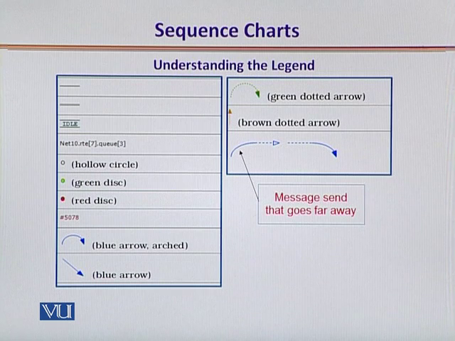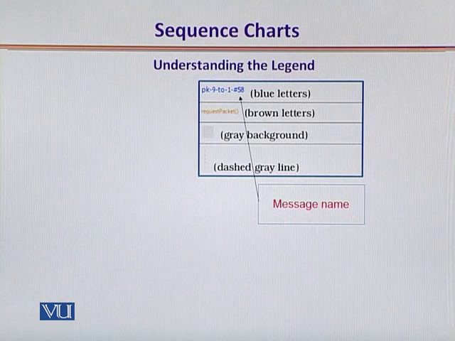If the number of objects shown on different axes is large, and one module is talking to another module and they are quite far away in the sequence chart, then using a discontinuous line, a relationship can be shown between two modules sharing messages. The message name is shown in blue.